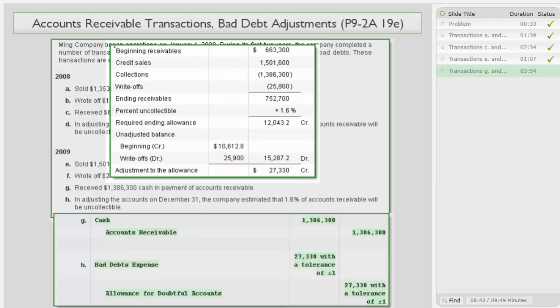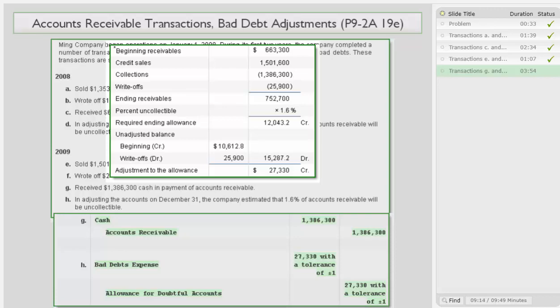$752,700. When we multiply that by the 1.6% uncollectible percentage that we're using to estimate the amount of bad debts, we determine that the required ending balance should be $12,043. That's rounded to whole dollars. So if we look at what the unadjusted balance was, it started at $10,612, and then we've had write-offs that impacted it by $25,900.